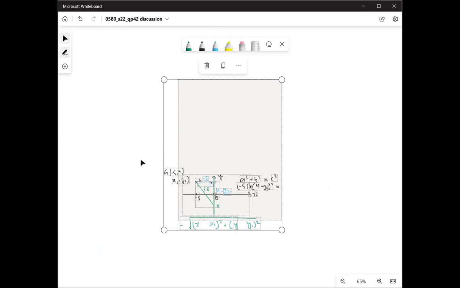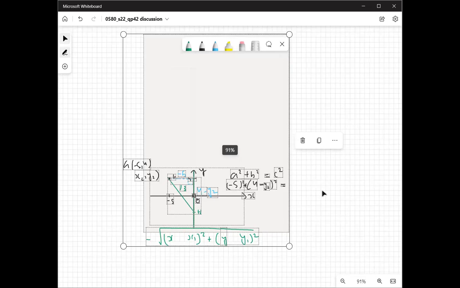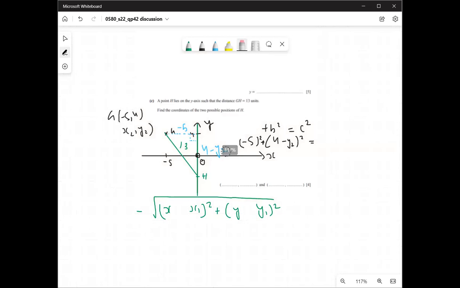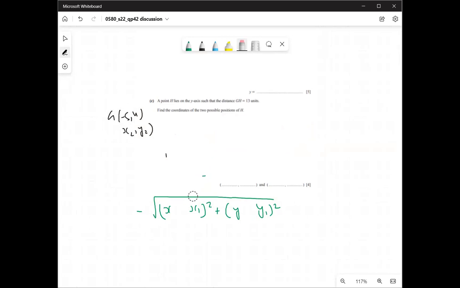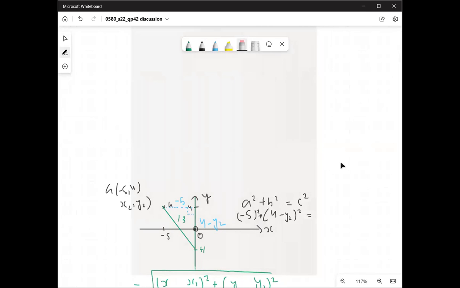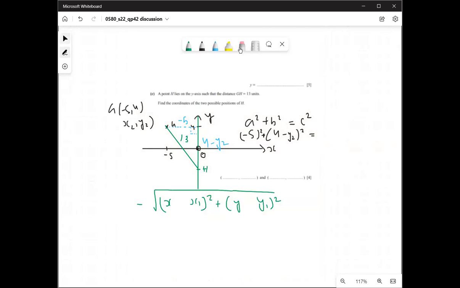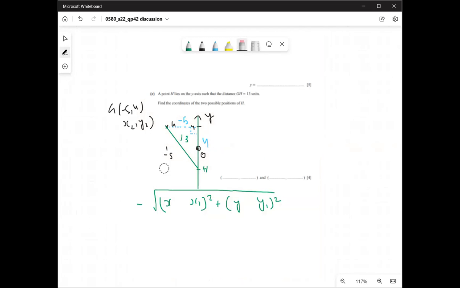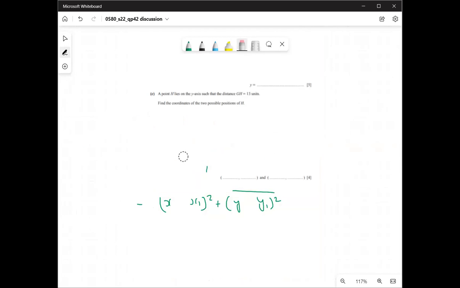So basically you found the magnitude of the line with the equation. Let's do that. Understanding it is more important than finishing the paper. So take your time. Let's do this one more time.